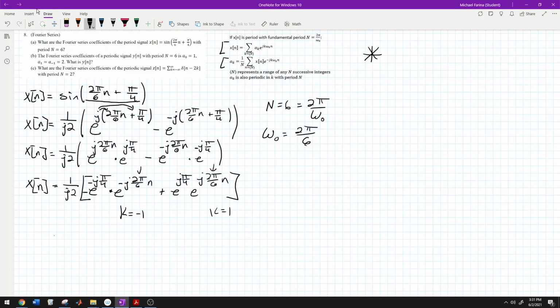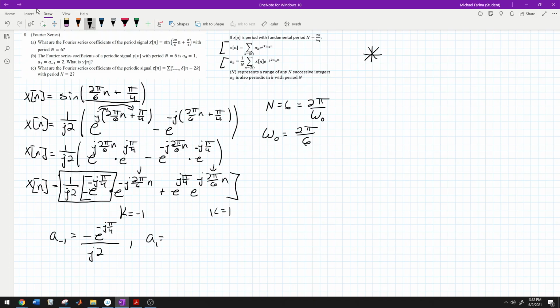Our Fourier coefficients are a of negative 1, and we just use this right here. It's negative e to the negative j pi over 4 divided by j times 2.